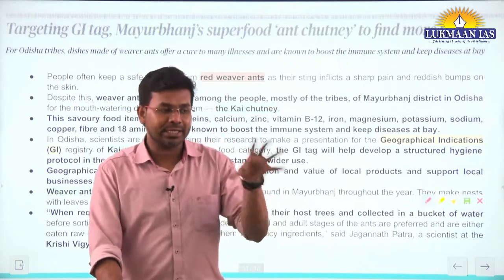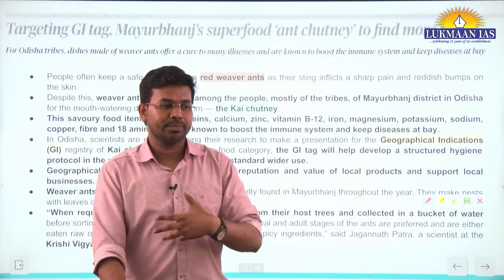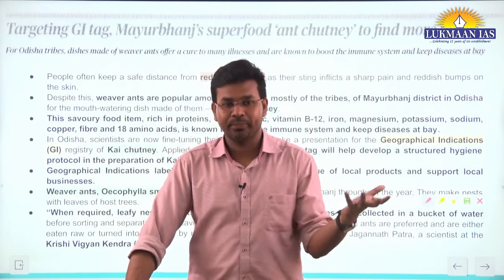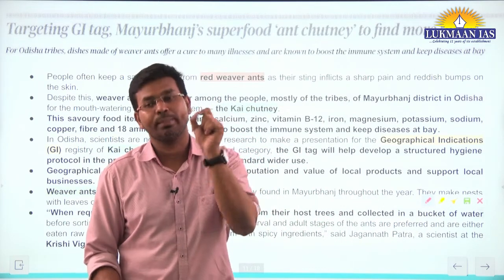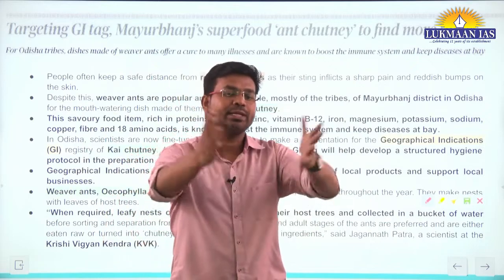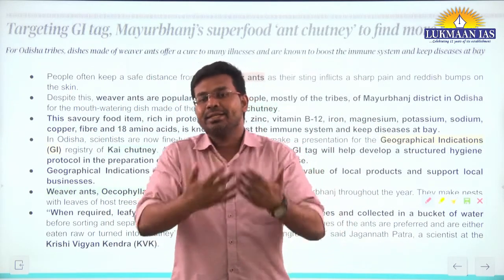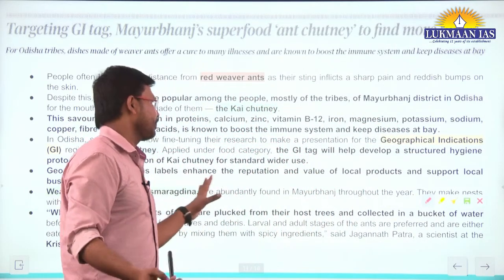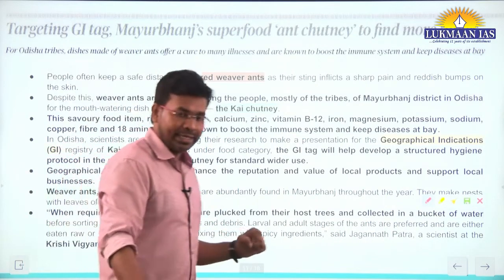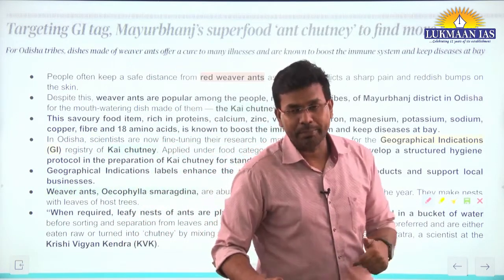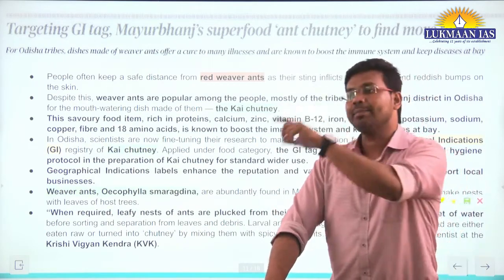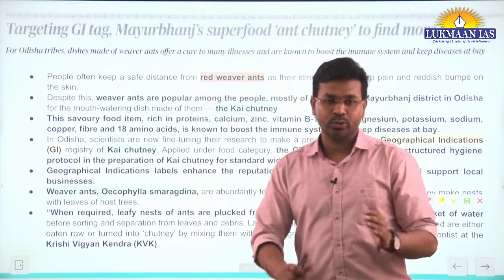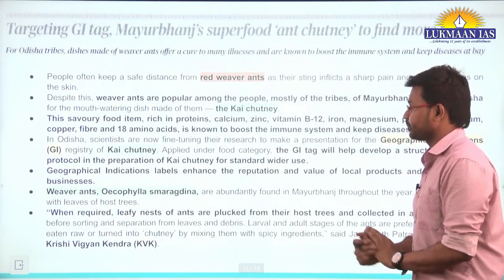So it is a specialization of that particular region, and the geographical indication tag is not given to a particular person or household. It is given to the entire region, so that the region is recognized by people. Once the geographical indication tag is awarded, people benefit because they get recognition for their product, and other people find it good to purchase those goods and services.